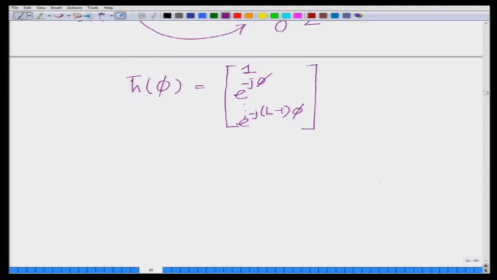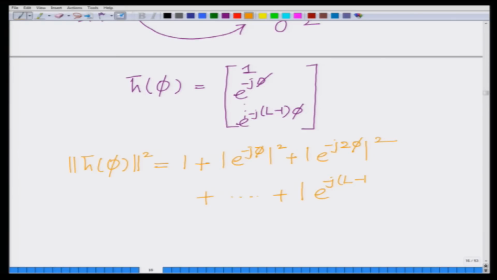Therefore, norm of h bar phi whole squared is 1 plus magnitude e power minus j phi whole squared plus magnitude e power minus j 2 phi whole squared, and so on, up to magnitude e power minus j (L minus 1) phi whole squared.